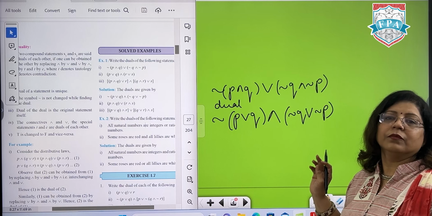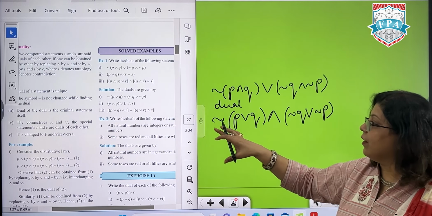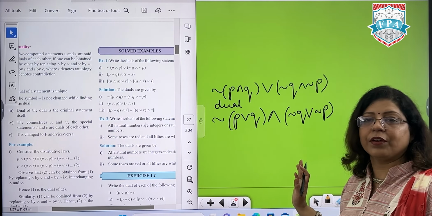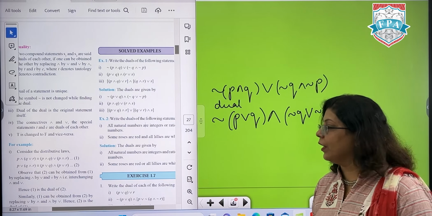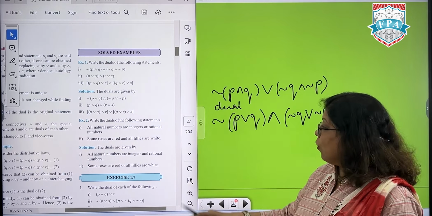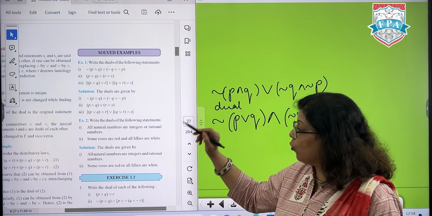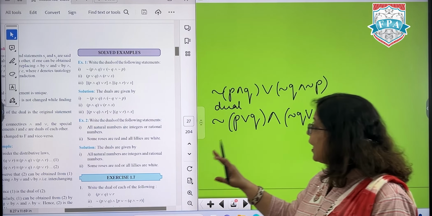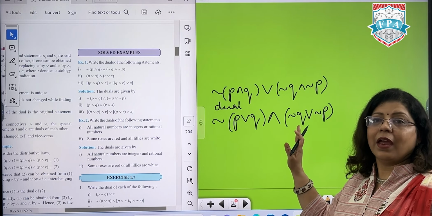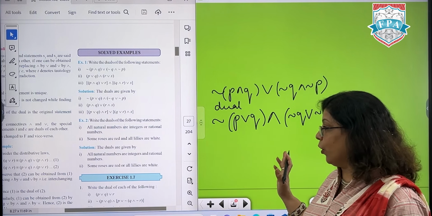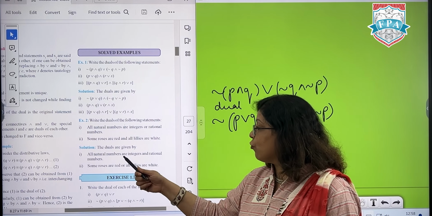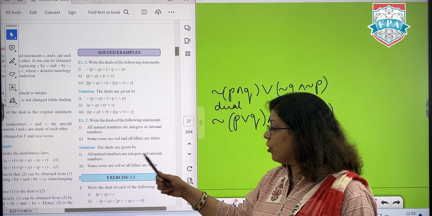See, such a basic way to write the dual of a particular statement. Okay, it usually comes for again 1 or 2 markers or in your MCQs. Now statement wise, if we have to write the dual of a particular statement, the same rules apply. You will write and as or, and or as and. So like all natural numbers are integers and rational numbers.